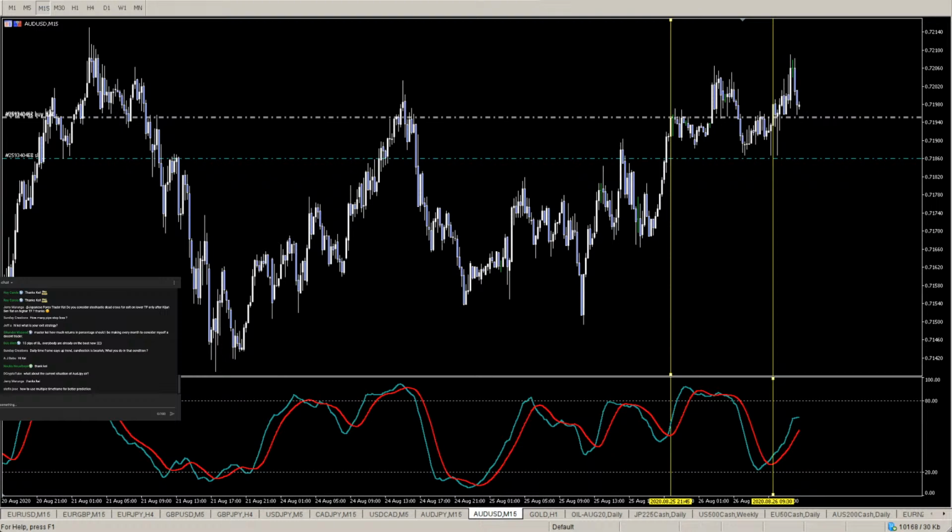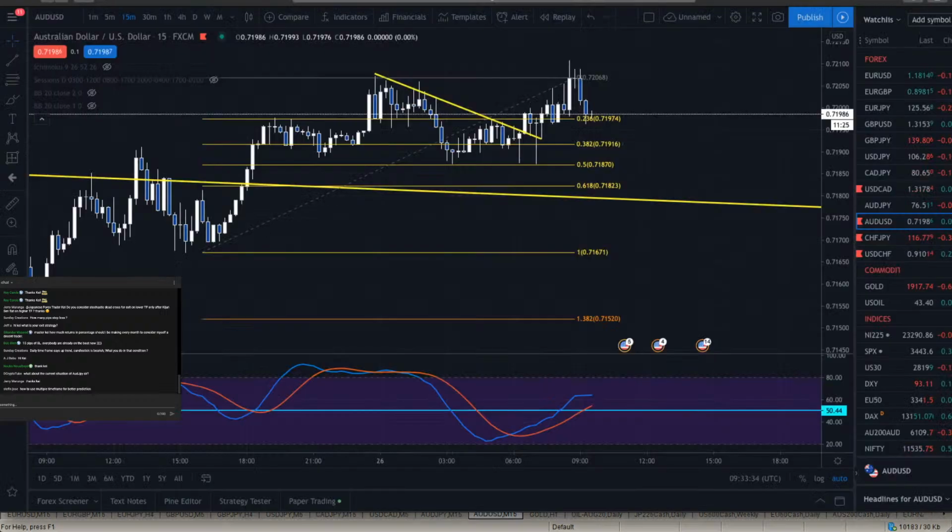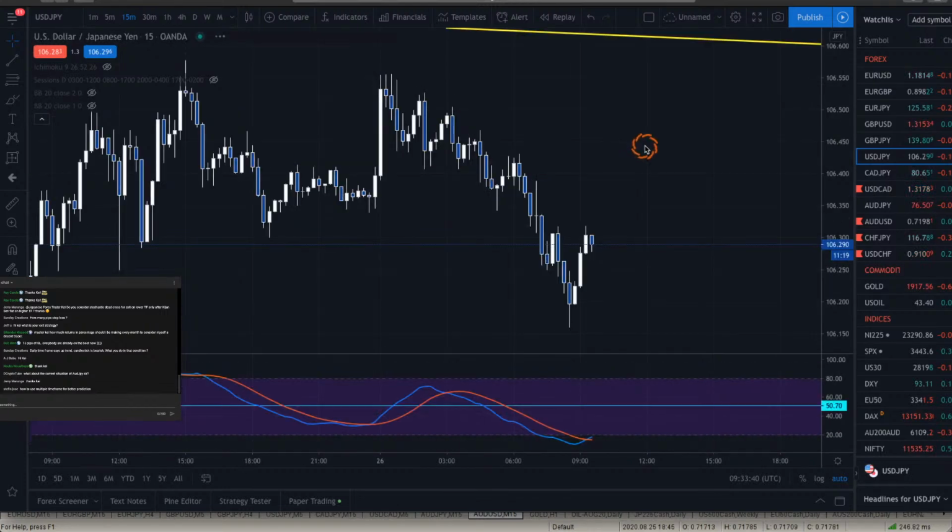Alright, so let's take a look at some other pairs now. Let's take a look at the USD/JPY and Euro USD now. So let me come back to TradingView and let's look at the USD/JPY.